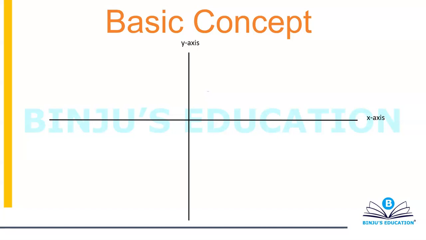Let's say the question is: x-axis is acting as a perpendicular bisector for line segment AB, where A has coordinates 6 comma 4. Find the coordinates of point B.